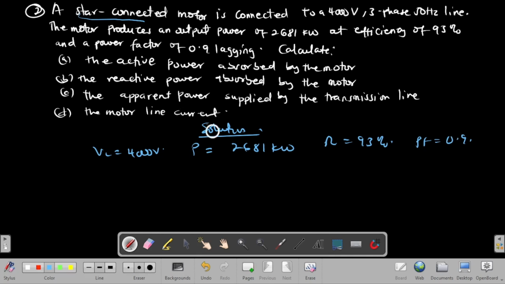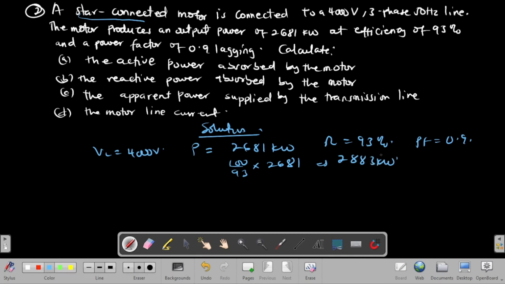So now we have to find the active power absorbed by the motor. Remember that before it was absorbed by the motor, it was at 100%, and now efficiency made it 93%. So to find the 100% version, if 93 is giving this, what will 100 give? Let's divide. So 100 over 93 times 2681, and that should give us 2883 kilowatts.